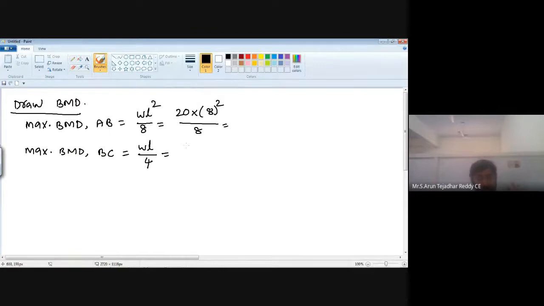Here W is 80, L is 4, by 4. 4 cancels, then it is 80 kilonewton meter. Now what is the value for AB? 160 kilonewton meter. This is our maximum bending moment.